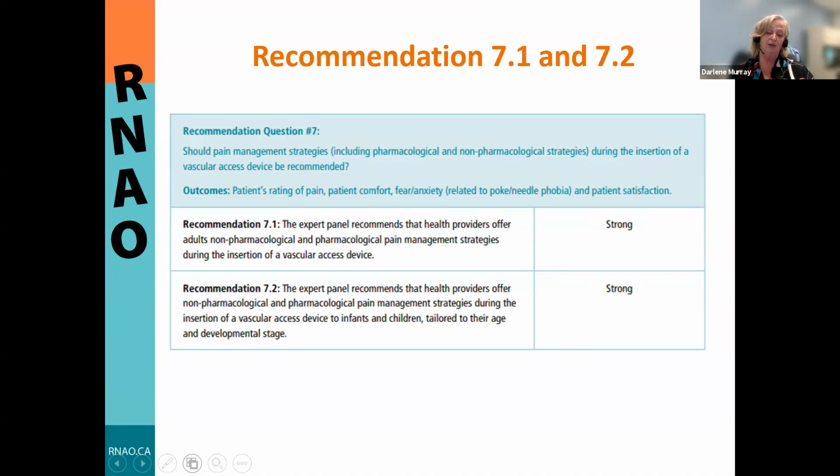Decisions around pharmacological pain management interventions may require an individual risk-benefit assessment, including but not limited to factors such as person and family preference, whether there's presence of needle phobia, fear, anxiety about the procedure, the DIVA score, which Nancy had mentioned earlier, or a history of difficult venous access. We also want to consider the type of pharmacological intervention and potential side effects, such as vasoconstriction associated with some topical medications.